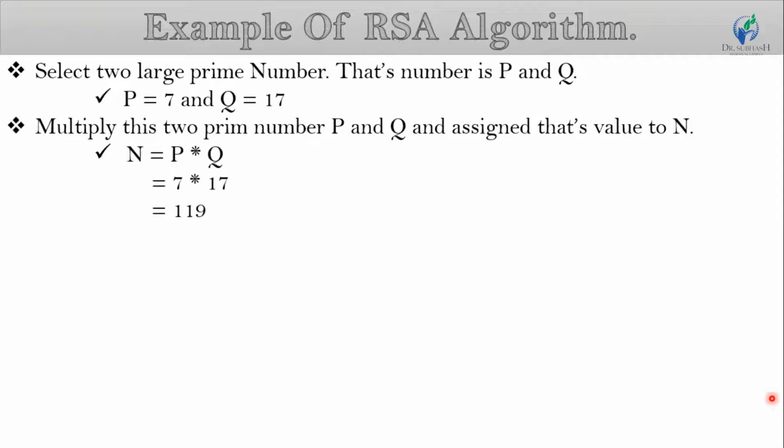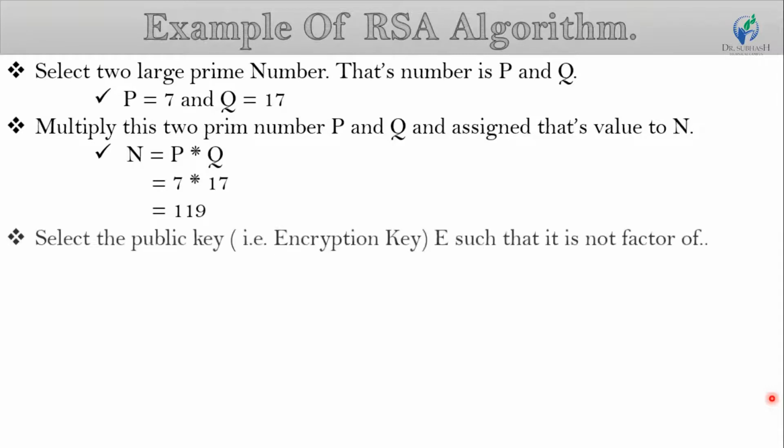Now, in the next step, we select the public key, or we can say the encryption key E, such that it is not a factor of P minus 1 multiplied by Q minus 1. That value is stored in phi of n.